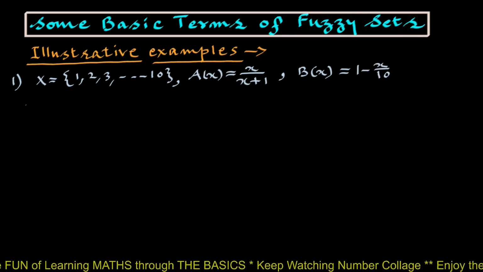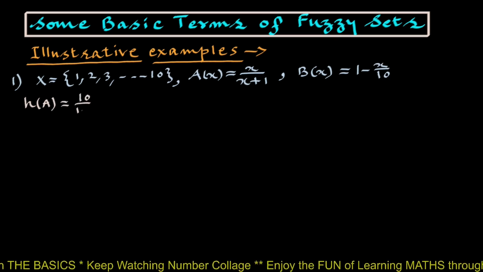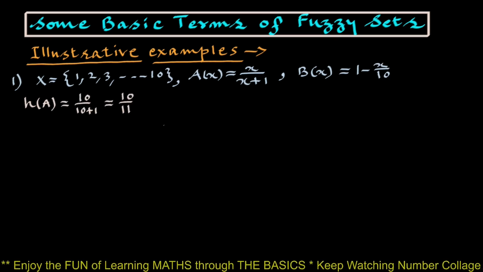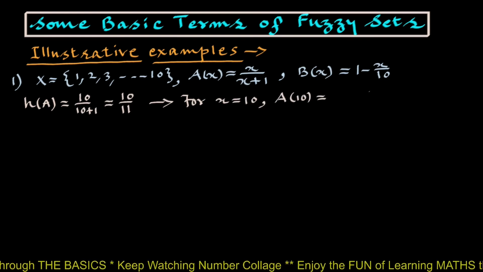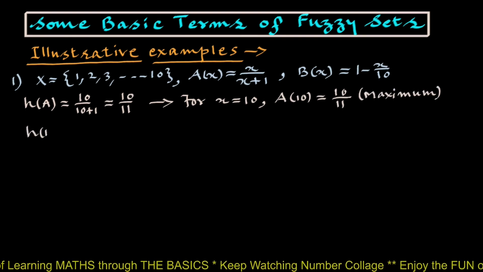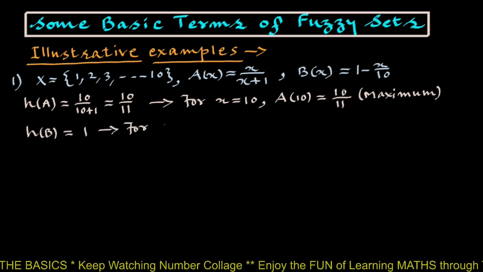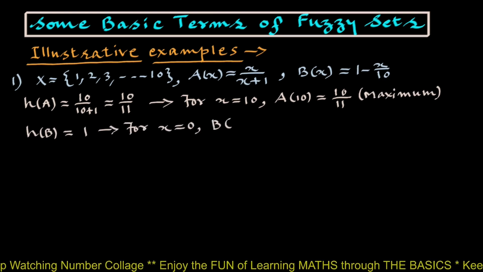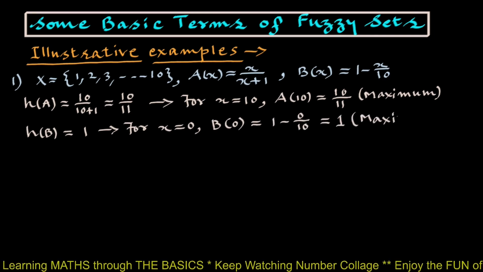Here, height of set A, h of A, is 10 upon 10 plus 1, 10 upon 11, because for x equals 10, A of 10 is 10 upon 11, which is maximum. For set B, height h of B will be 1 because for x equals 0, B of 0 will be 1 minus 0 upon 10, 1, which is maximum.